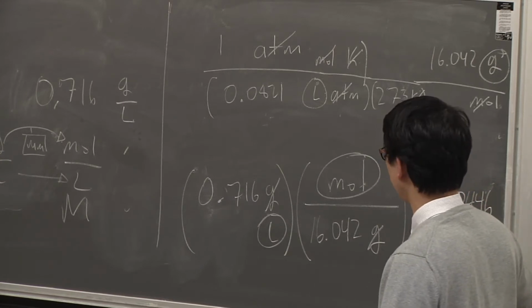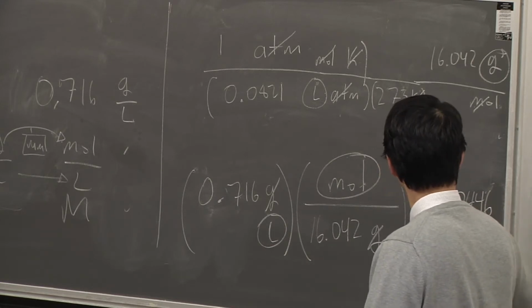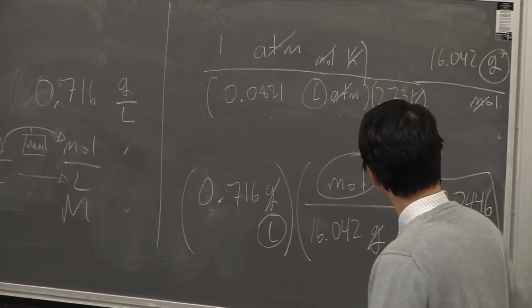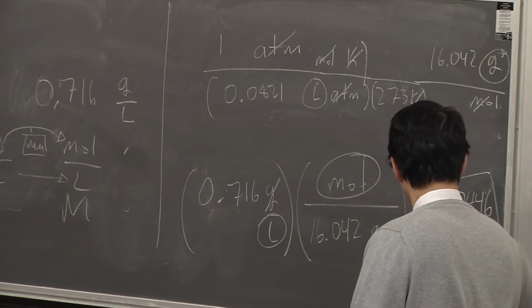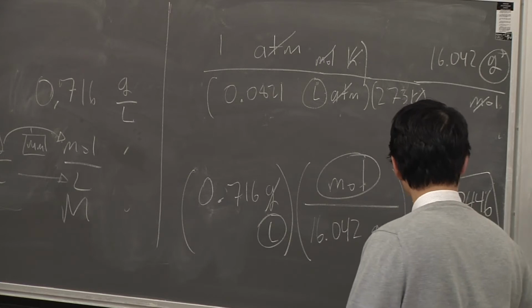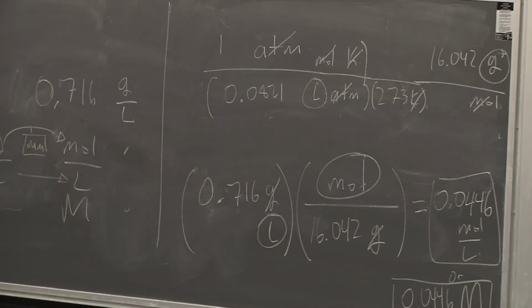And what's the unit? Moles per liter, or 0.0446 molar, capital M. Either one of those is acceptable.